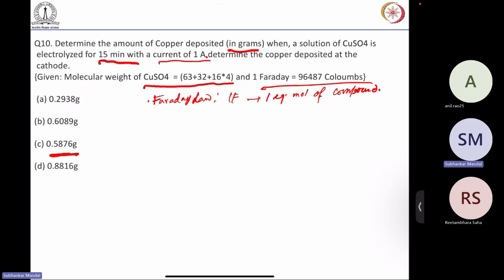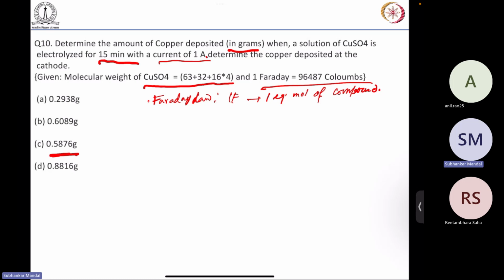So 1 Faraday means 96487 coulomb. That means if you pass 96487 coulombs of charge through some electrolyte, then the material will deposit, that is 1 equimolar of that compound.